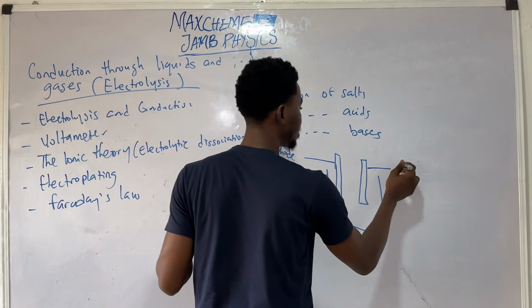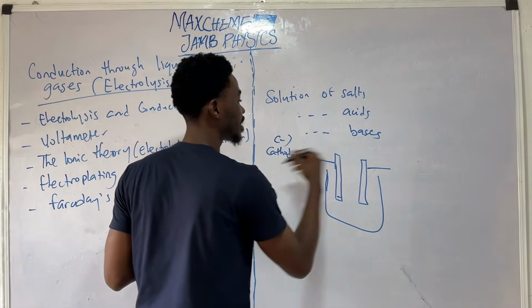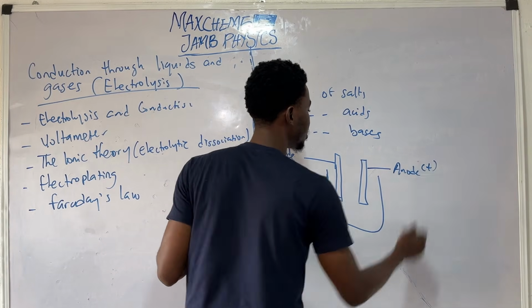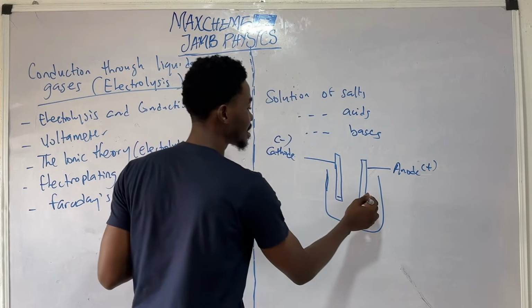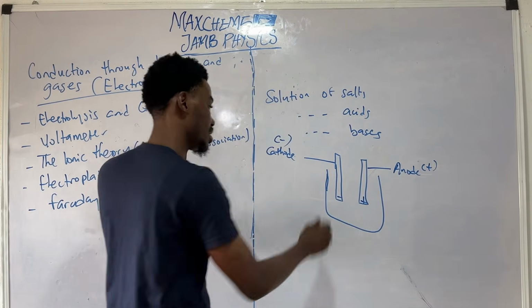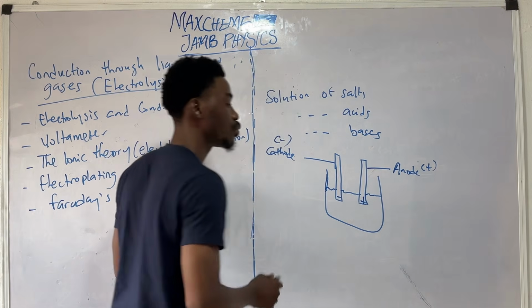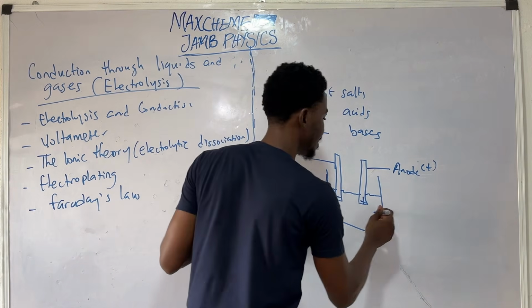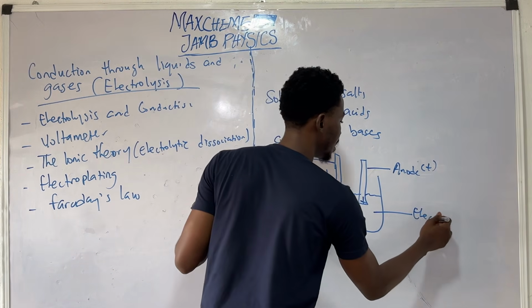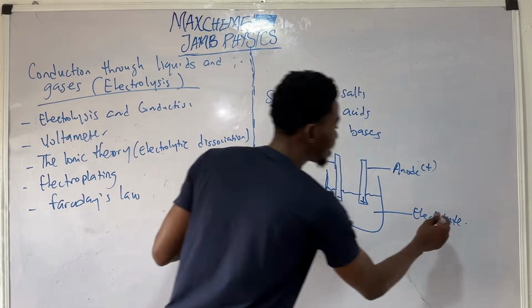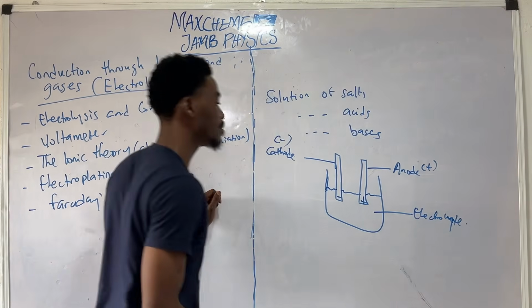An anode is positively charged, so it can attract negative charges to itself. And in that voltameter, we have the electrolytes. So the electrolyte is within the voltameter.